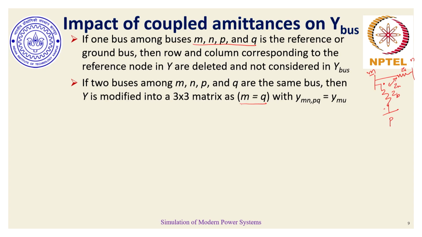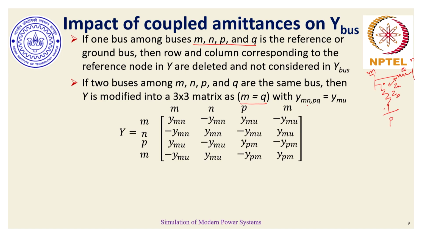We carry on the evaluation of the bus admittance matrix the way it is to be done for M, N, P and Q. We don't worry much about, okay, there is no Q. Assume that Q exists, but it is same as M. We find out the corresponding 4 cross 4 add-on matrix.